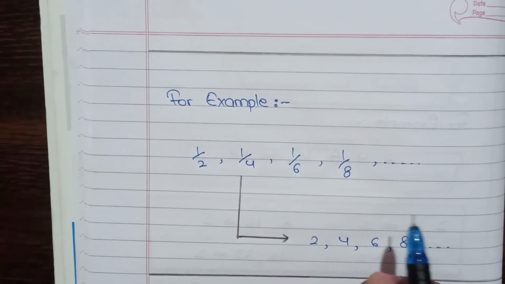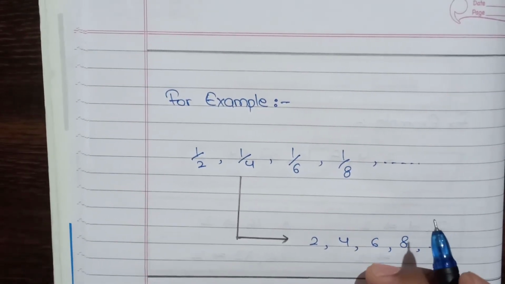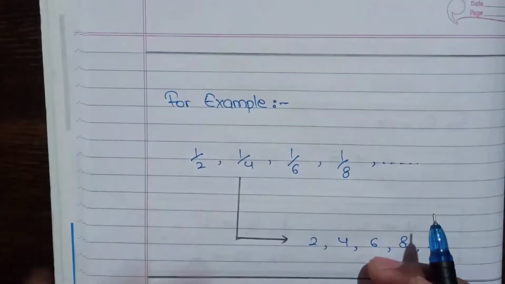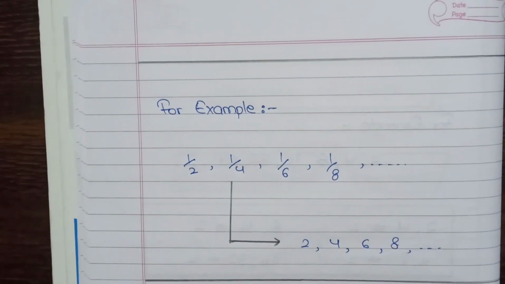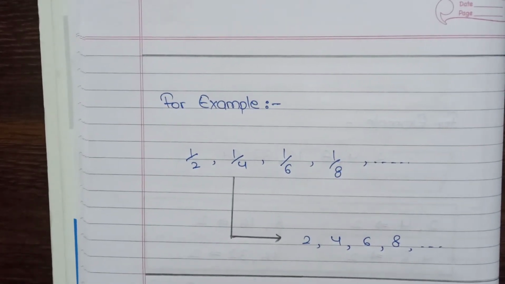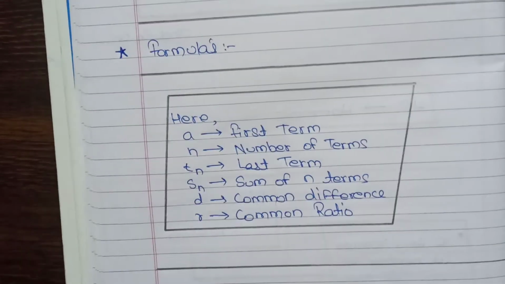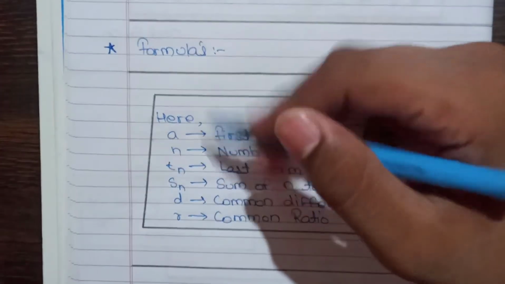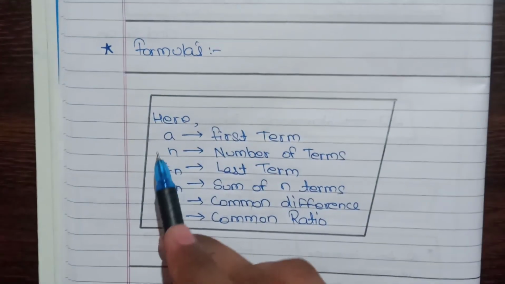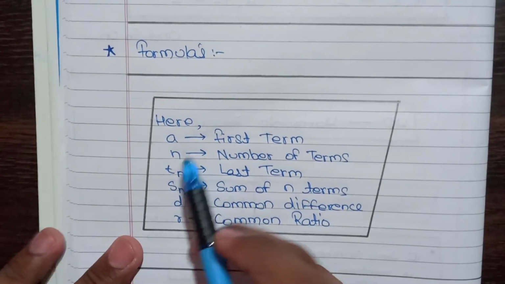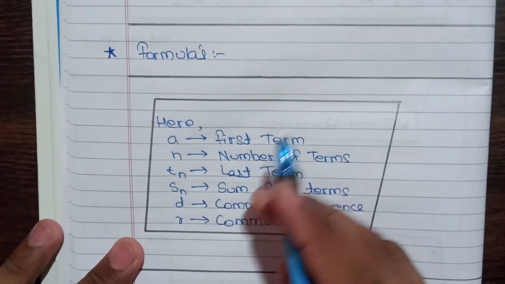Now let us see a few formulas, but we can't call them formulas, we'll call them properties or full forms. By which name or letter are they denoted? So now we have the formulas here. A is the first term. You would have learnt this in previous standard 10, in the arithmetic progression lesson.